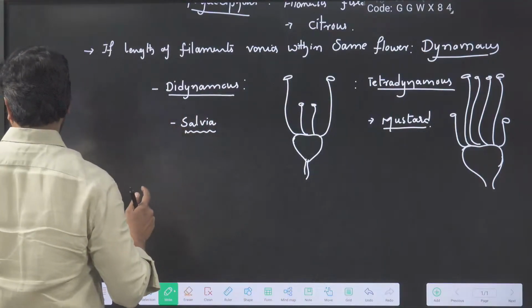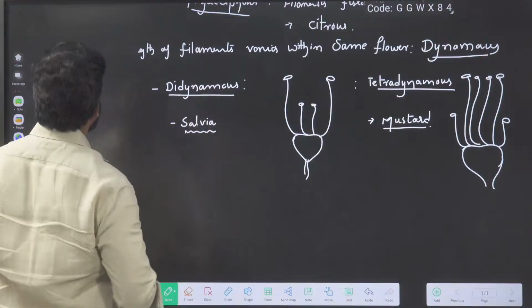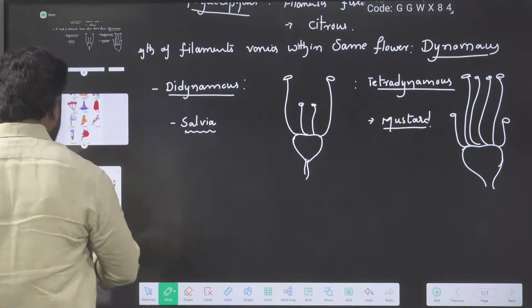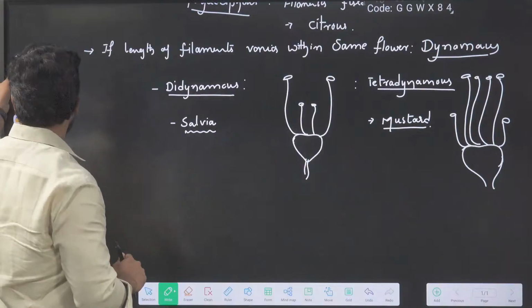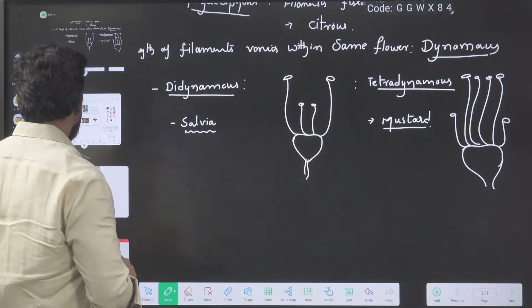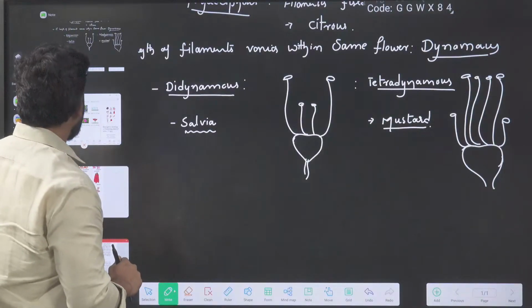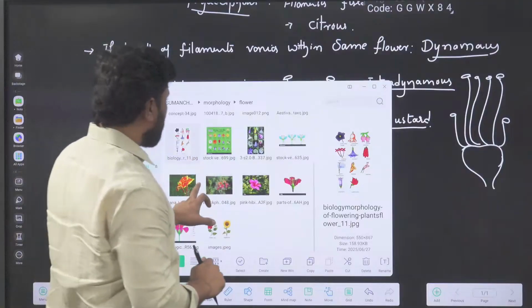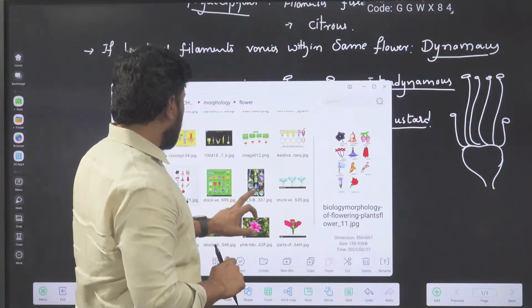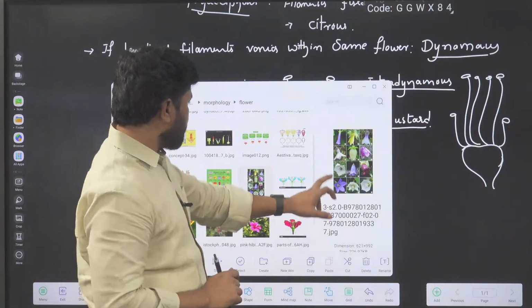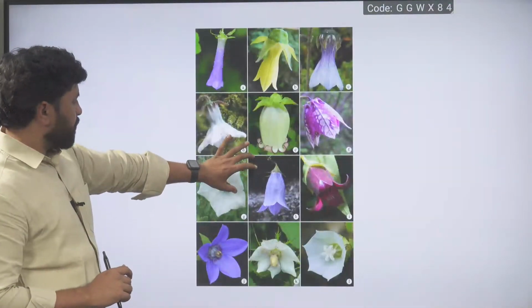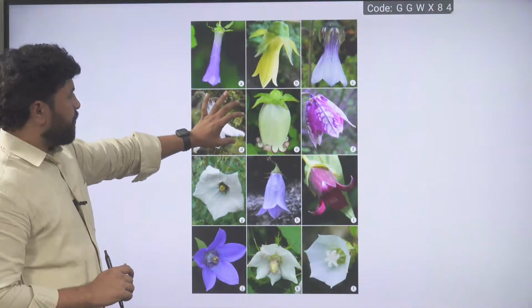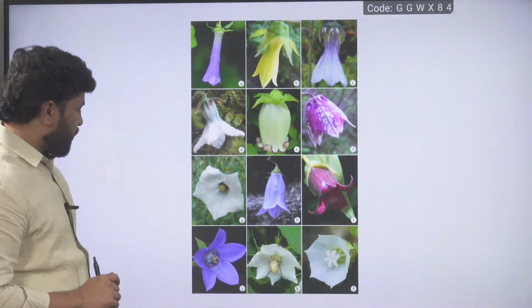And then I wanted to show you the remaining figures that I have explained so far. Look at this. See, this is another image of various shapes of corolla.